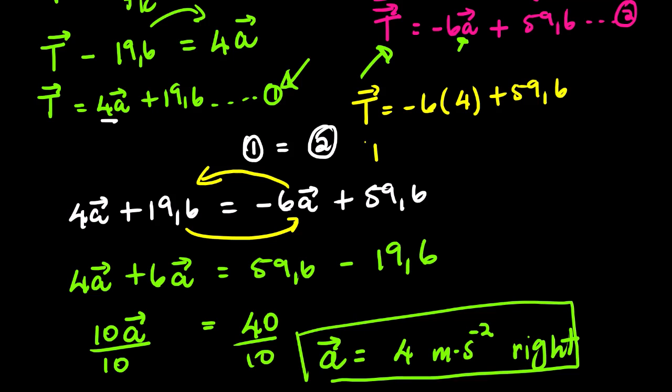And then we get that our tension equals 35.6 newtons. Since it's positive, it will be to the right.